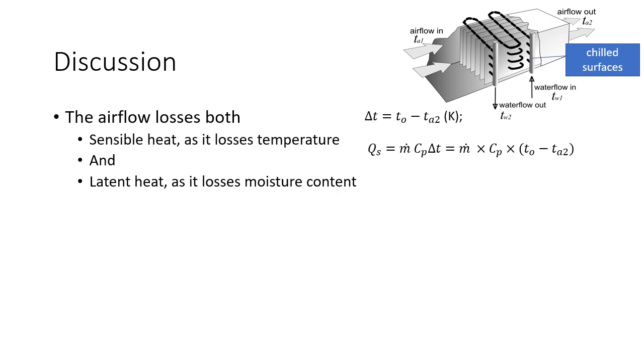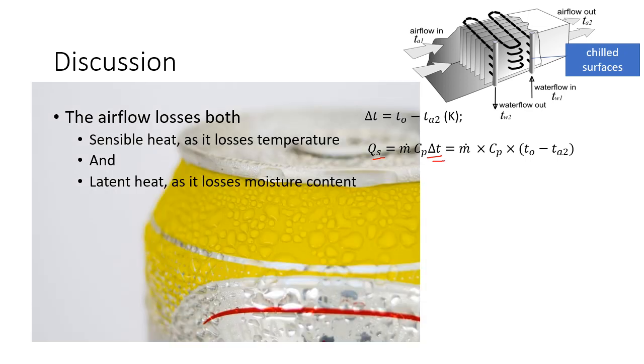So from the sensible heat lost, there's a temperature drop. We use this formula to bring this together. Okay, sensible heat and the temperature drop link these two together. Now for the latent heat, take the surface of a cane, and in the room we see the dew happens. That means the room air lost latent heat because it's in contact with a low temperature surface.